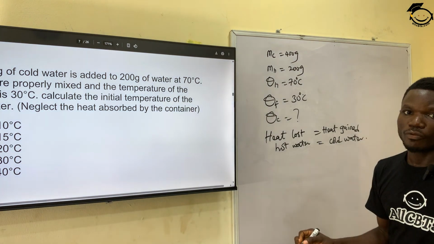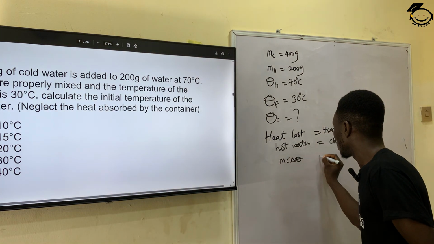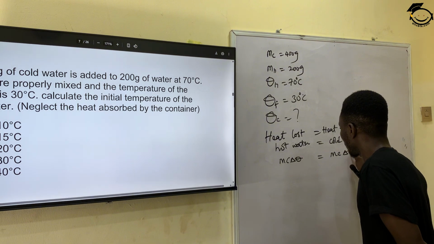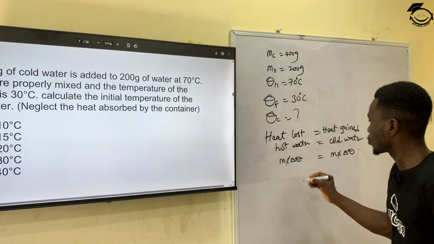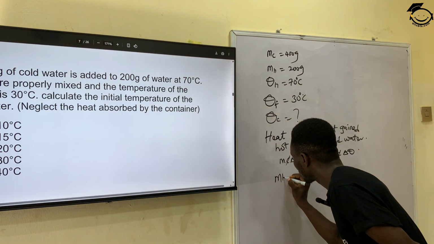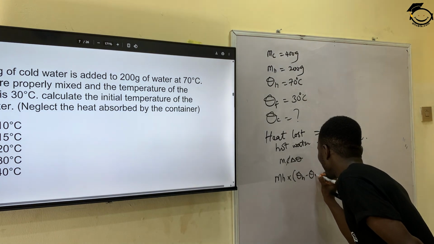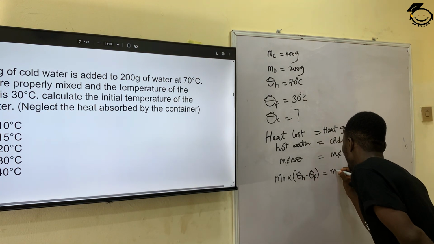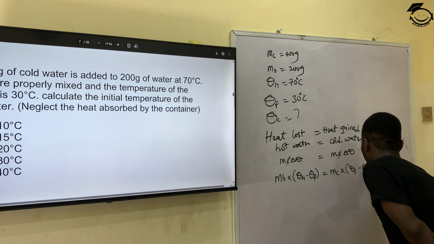From our formula for calculating specific heat capacity, we know that we have MC change in theta and MC change in theta. Both of them are water, so they have the same specific heat capacity, so that is not required. So I have the mass of hot water times the temperature of hot water minus final temperature, equals the mass of cold water times the final temperature minus the temperature of cold water.